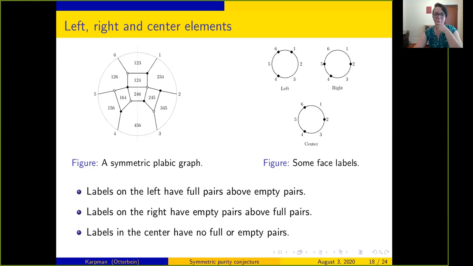So why is this interesting? Well, the proof that you can complete any symmetric weakly separated collection to one of maximal size, that is, the face labels of a plabic graph, is you first prove that no matter what your collection looks like, you can add center elements to fill in a chain down the middle.